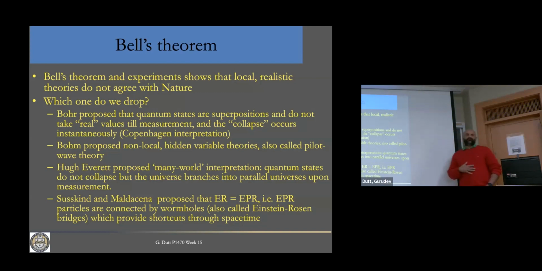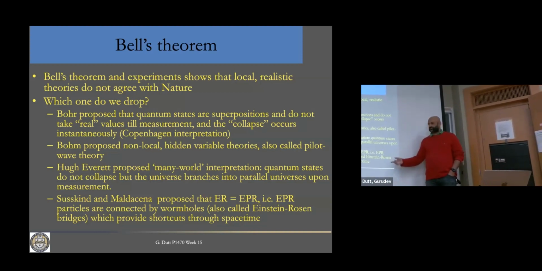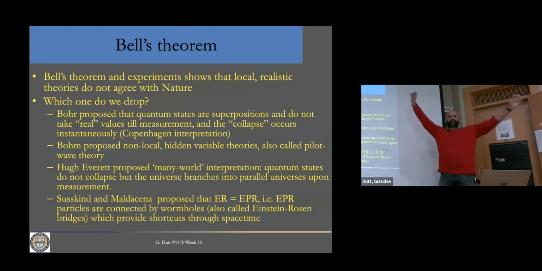So I'm sure all of you have seen movies where they talk about wormholes. These wormholes were originally proposed as so-called Einstein-Rosen bridges in space-time. So it means that a particle here and a particle there, although they look to our eyes as though they are so far away that light cannot communicate between them in the time that the experiment is done, in reality, the entanglement creates a tunneling through the space-time, and that tunneling through the space-time allows communication faster than the speed of light.